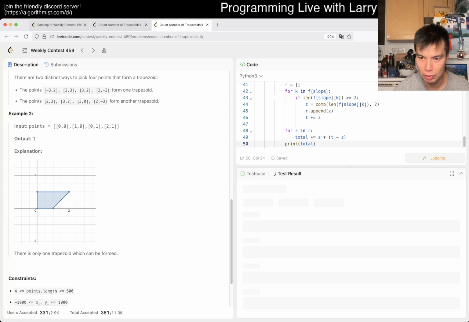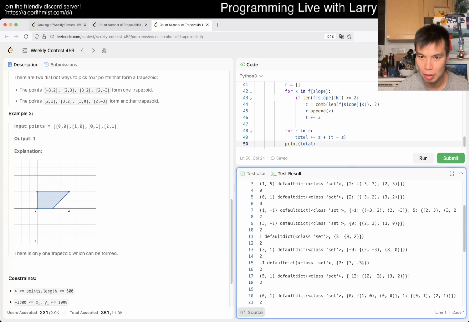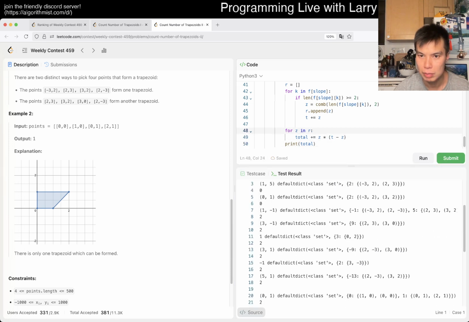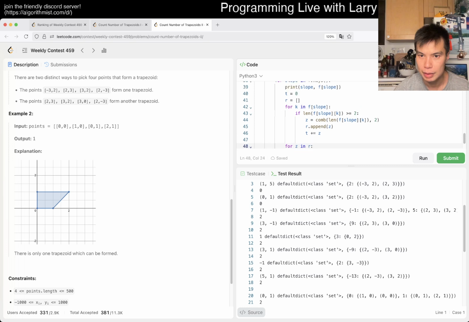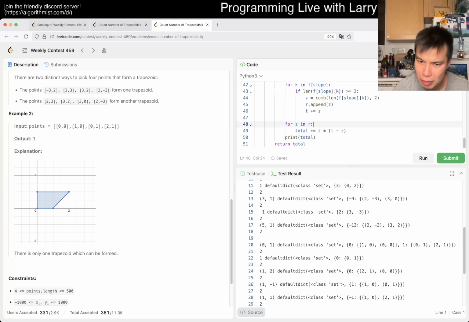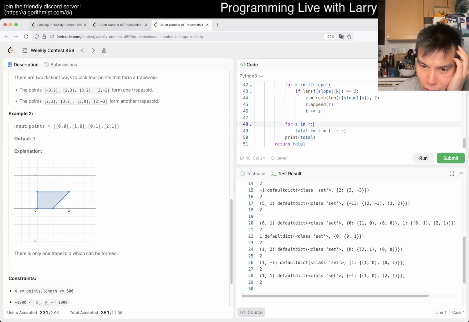Because this should be 0, right? So if, oh, t is 0. Maybe there's a lot of weird things to it. I don't know. 0, 1. The 2 points, 2 points. So that's. Oh! It's the same thing. I already did this, Larry.